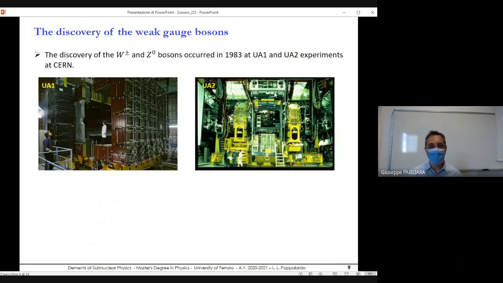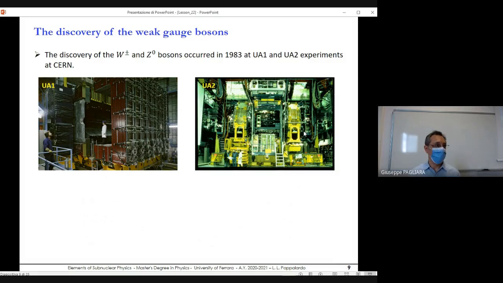The discovery of the Z and the W's occurred in 1983, so 10 years later, still at CERN, by two competing experiments: the UA1 experiment that you see here, and the UA2 experiment that you see there. The detectors were completely different; they adopted complementary strategies for detecting these particles.